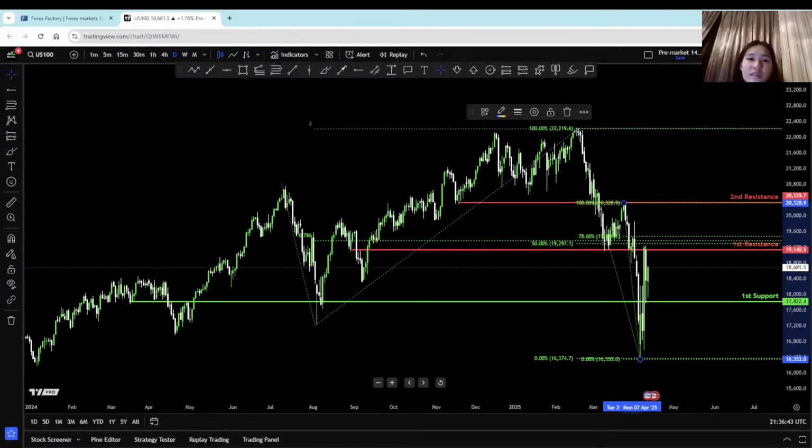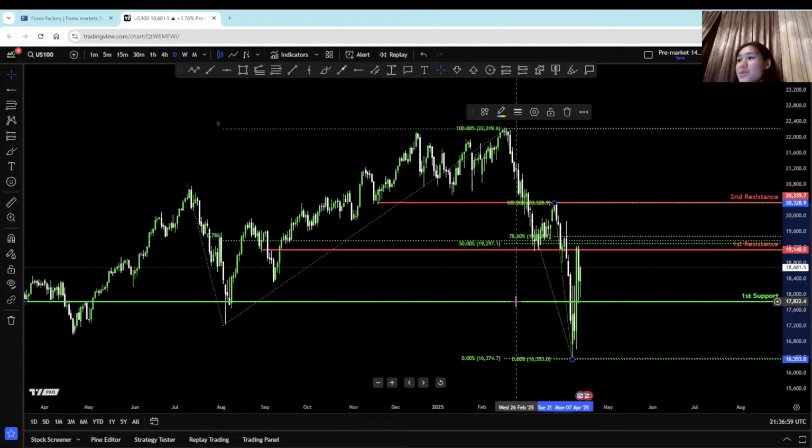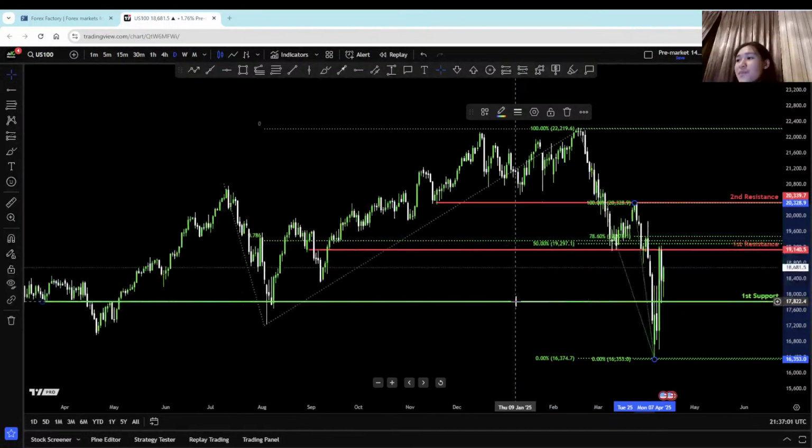Do you guys see any other Fibonacci levels? I think that's all.